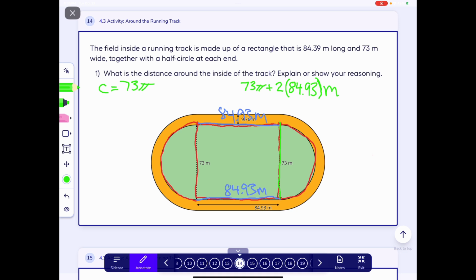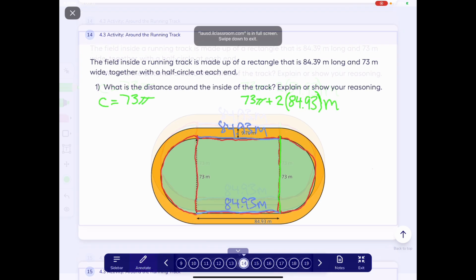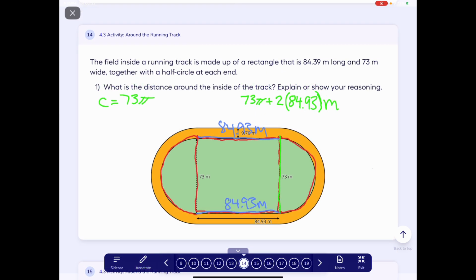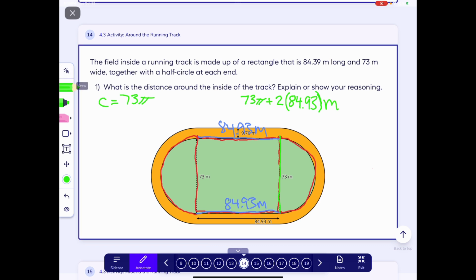And that's the distance of the inside of the track. Do you need to multiply that all out? No, I don't need you to multiply it all out. You could if you want and get one number, but that would be an expression showing the inside of the track. And I apologize because I said the outside of the track, but I meant the inside. It's the expression for the inside of the track.